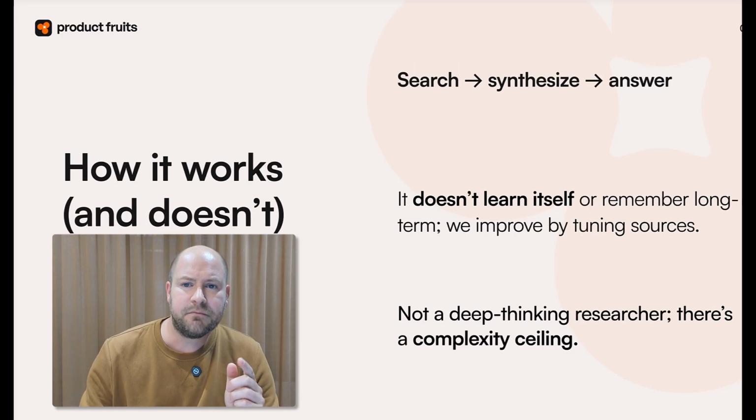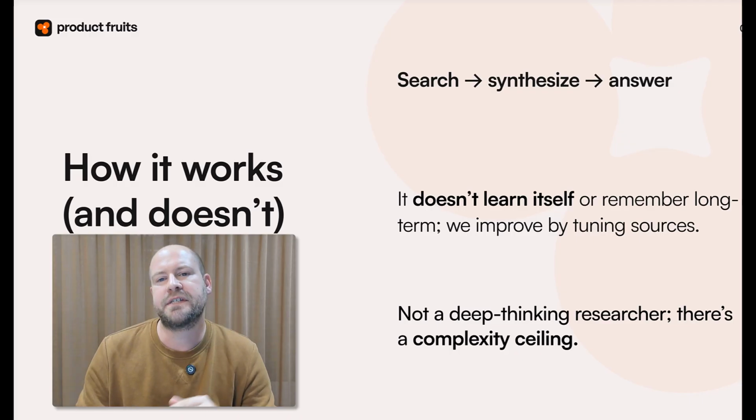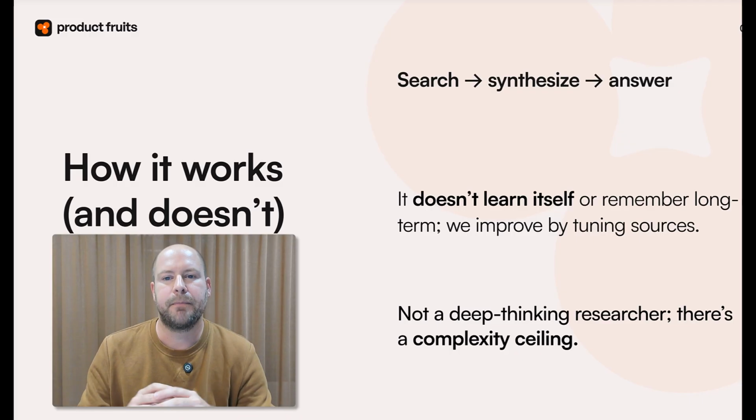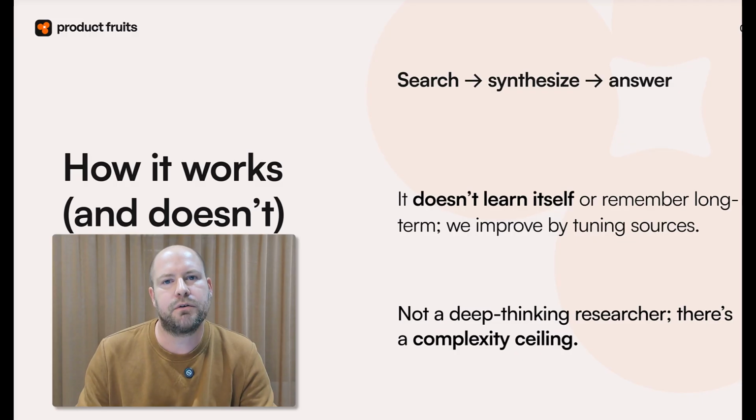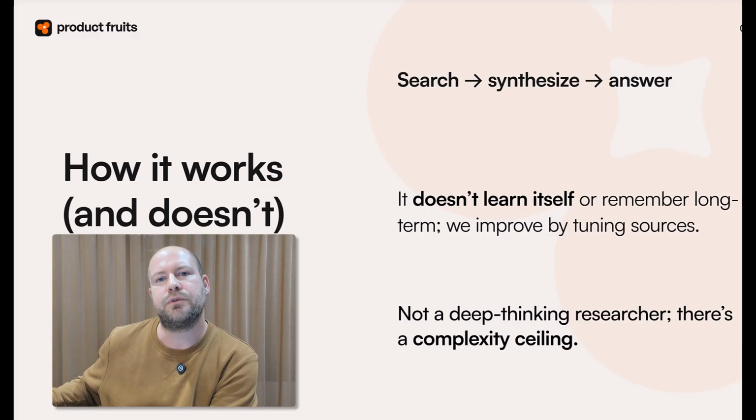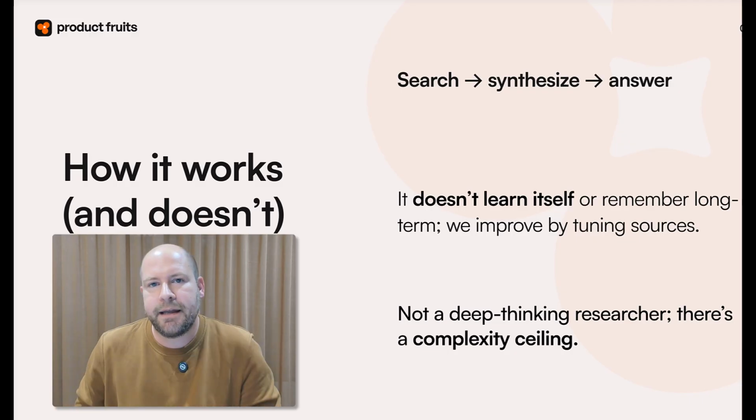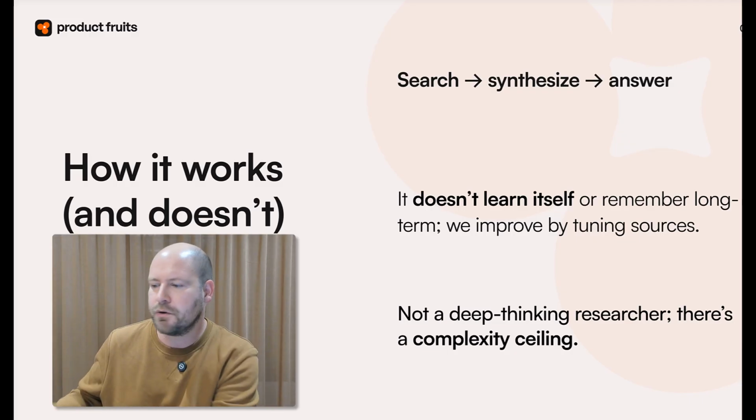So let's move forward and look at how it works again, from a different angle, on this slide. As I mentioned, it searches, synthesizes, and provides an answer. But it doesn't learn by itself. If it repeats something 50 times, it will not magically know it. Imagine you have a colleague next to you, who you just hired, and you give him a task: do research on this topic.